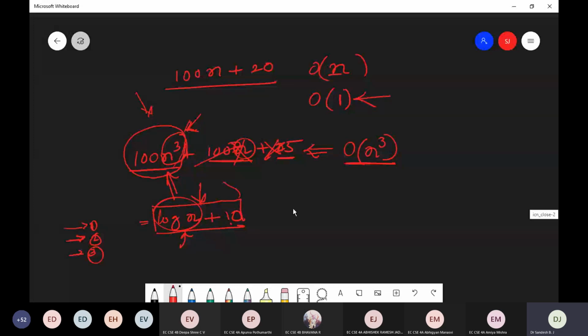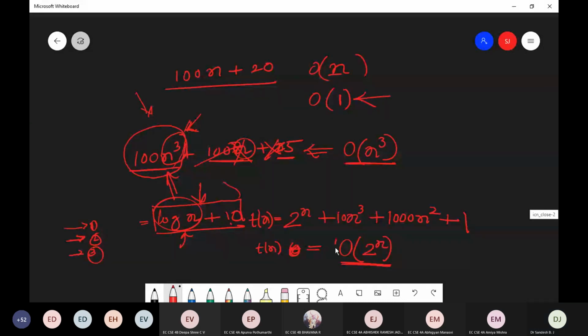If you have 2 to the power of n plus n cube plus 10n cube plus 1000 n square plus 1, then the time taken t of n belongs to the class of functions which is O of 2 to the power of n.